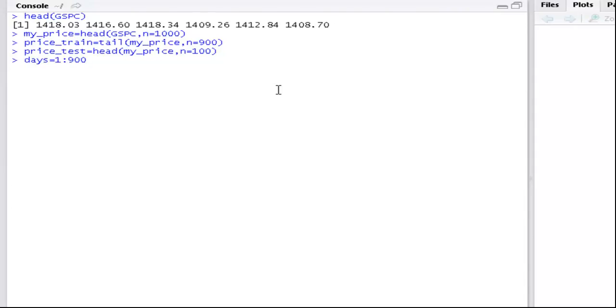Next, I'm gonna put the numbers 1 to 900 in the variable days, because when I fit my model, I'm gonna say these prices happened on these days, and then I'll attach another set of days to days test.